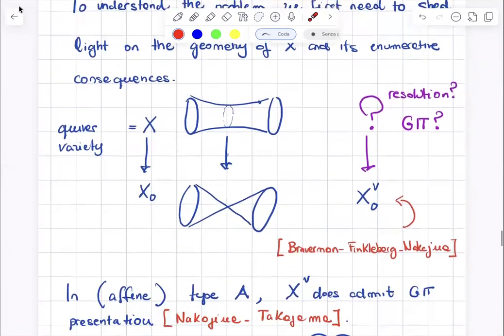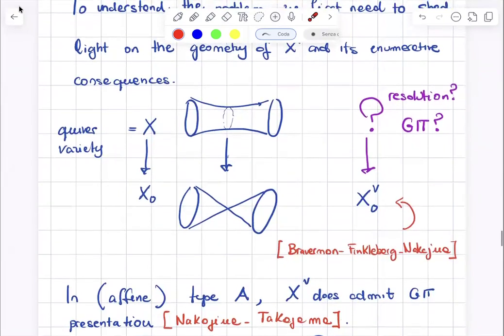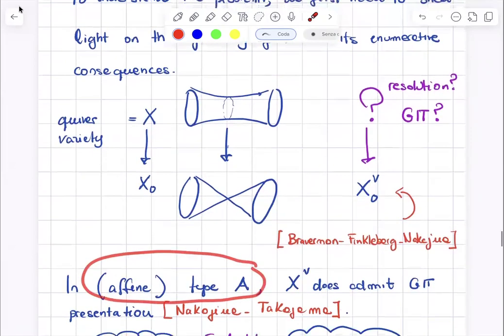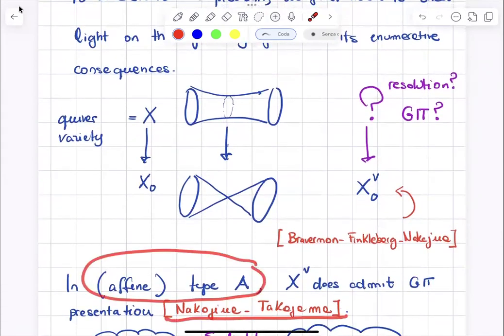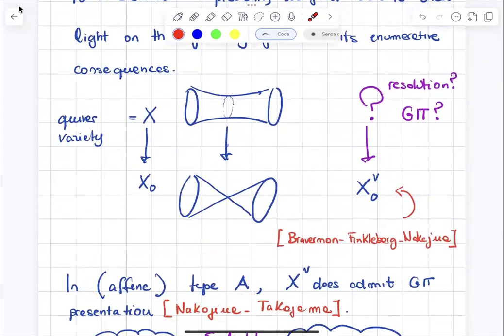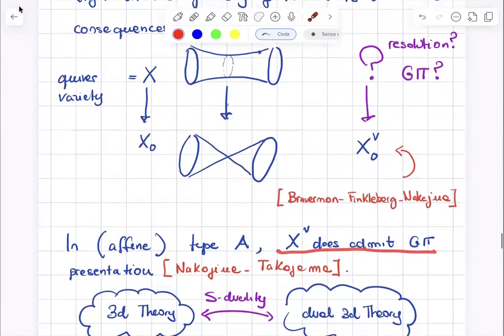Well, I'd say this is the case of affine type A, in principle. Because in this case, thanks to the work of Nakajima and Takayama, we know that not only do we have the quiver variety, which is GIT, but also the dual admits a GIT presentation.